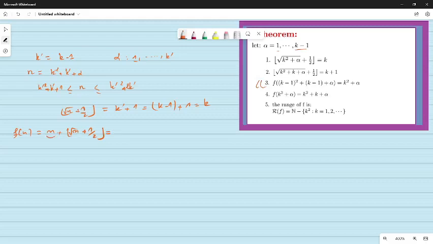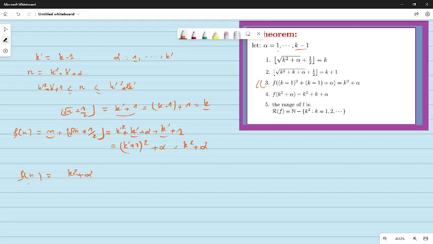Then it is equal to n, which is exactly k prime square plus k prime plus alpha, plus k prime plus 1, and it is equal to k prime plus 1 square plus alpha, because here k prime plus k prime into k prime plus 1, then it is equal to k square plus alpha. So f of n equals k square plus alpha.